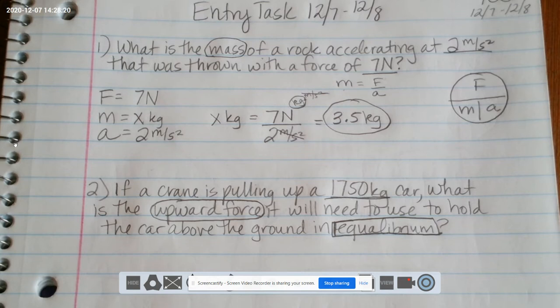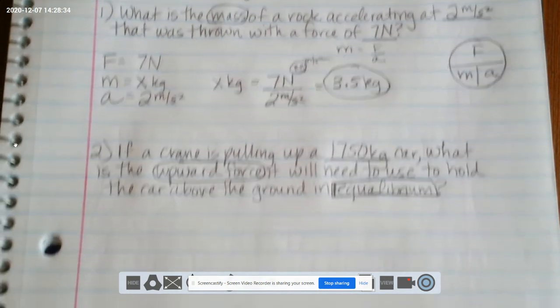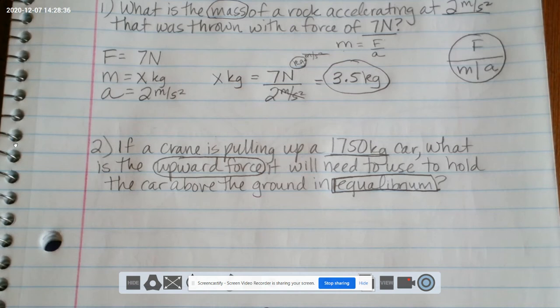Equilibrium, if we remember from the notes, equal kind of gives us a hint. When we're talking about equilibrium in forces, are the forces balanced or unbalanced? If you think about the word equal, that means the forces need to be balanced. And remember, there are two things that could be happening when the forces are balanced.